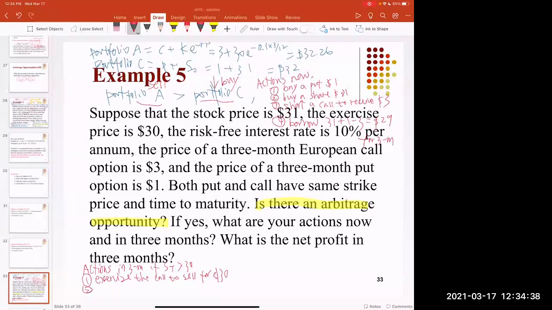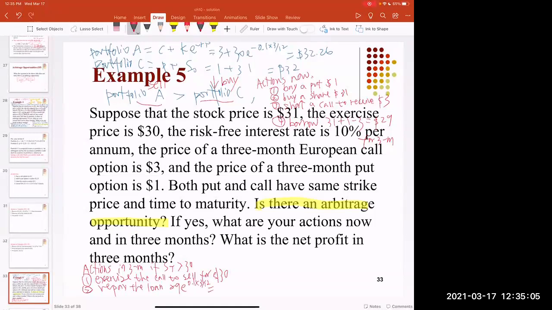You're going to use the money to repay the loan. How much are you going to repay? You borrowed the money, right? The loan is 29, the principal, and you do compounding, e to the RT. R is 0.1, T is 3 months, 3/12.